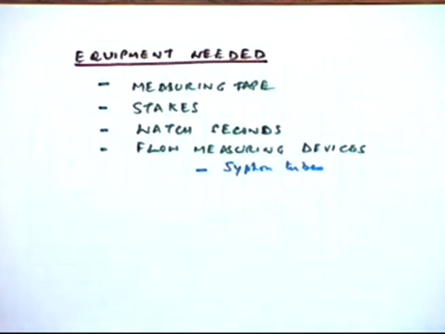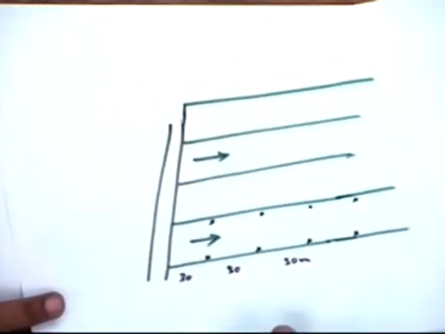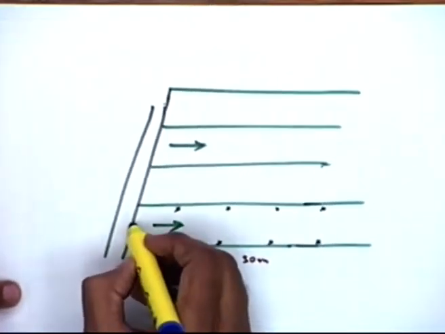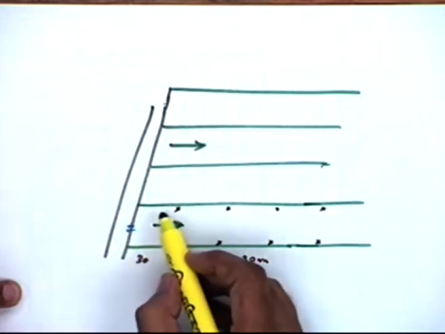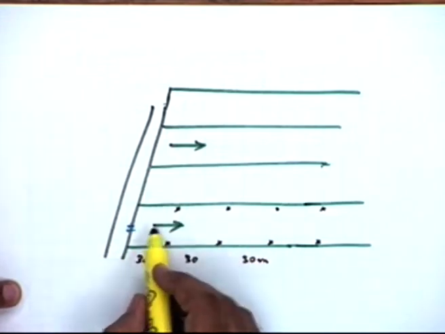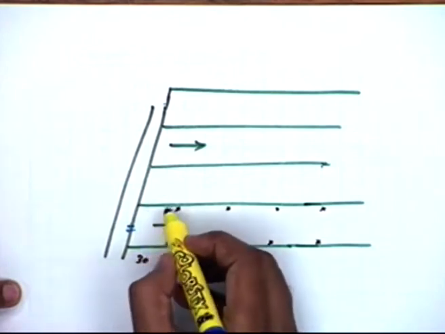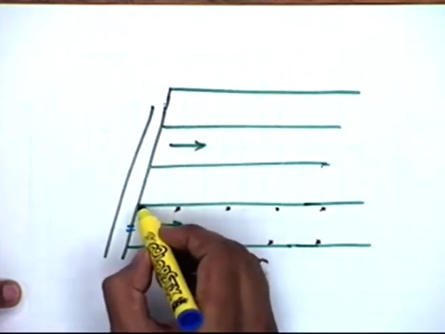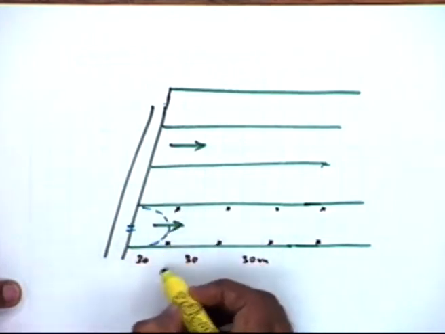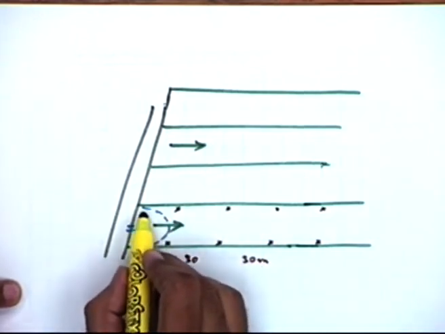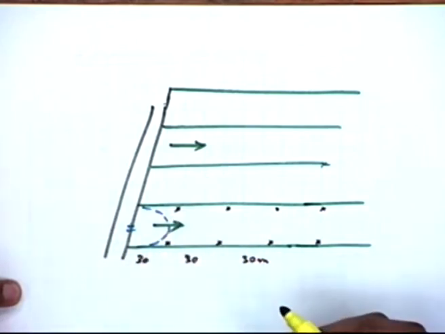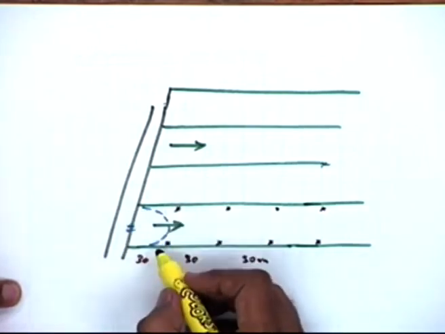So if you supply the water from only one opening, your waterfront might not be uniform. It might be having a waterfront which is something like this. In this portion the water will be moving faster, and in the sides the water won't be moving at the same rate.